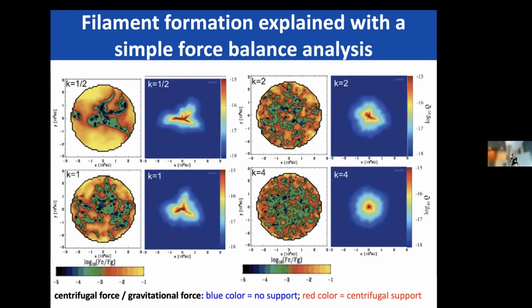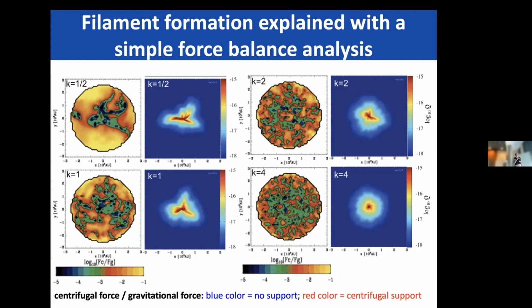What is shown here is this force balance, and here is the resulting density structure which formed. In regions where your centrifugal force was much smaller than the gravitational force from the very beginning, these are like the motorways where collapse will happen first. This is how you enable the formation of these filamentary structures, because the filaments are the lanes inside the core where collapse is easily happening while it is stabilized in other regions. This is basically what your turbulence does to your core.